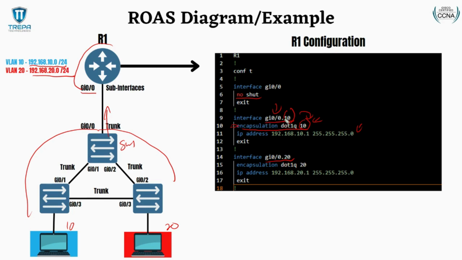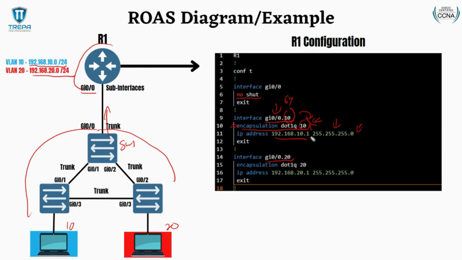I could have made interface gig0/0.69 and I still could do encapsulation dot1q 10. Because this command is going to tell that sub-interface what VLAN traffic is going to come to it, which tagged Ethernet frames it should respond to with layer 3 capability.